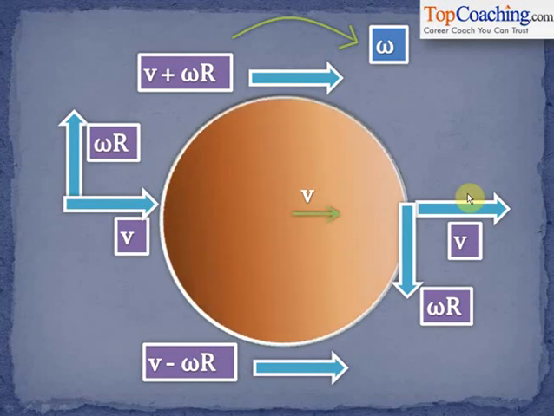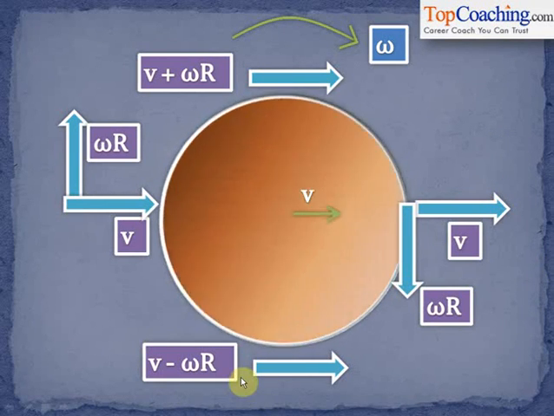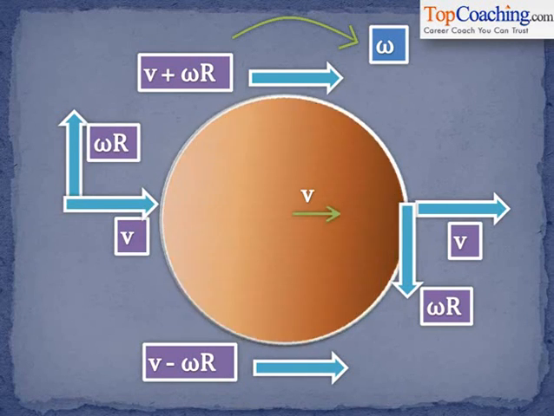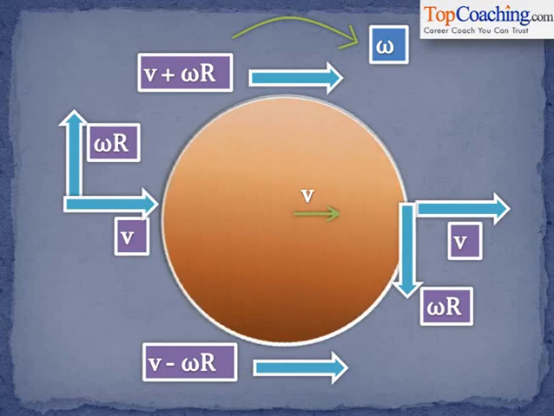So this is what happens when a body undergoes both translational and rotational motion. These are the velocities different points of the body have. Now there can be a very interesting situation. V is produced differently and omega is produced differently. You see, omega r is not related to v. Omega is the angular velocity, so some torque must be given to this ball or this wheel to produce omega.